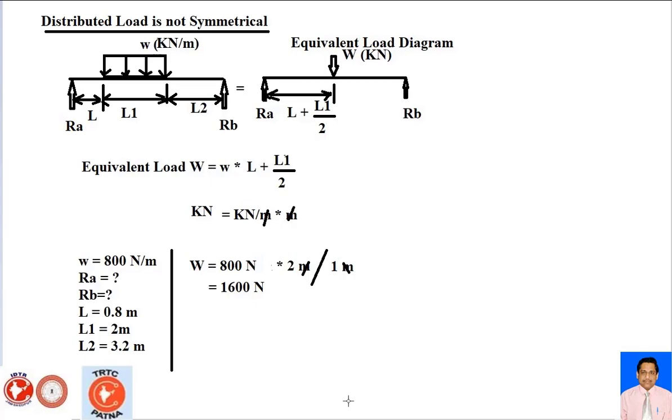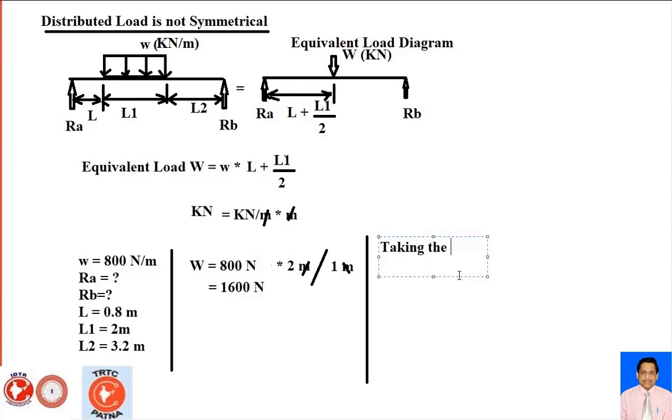So how do we compute here the moment? Taking the moment about point A, the next is taking the moment about A. So RA multiplied by 0, so 0.